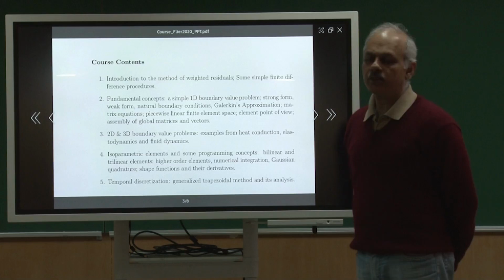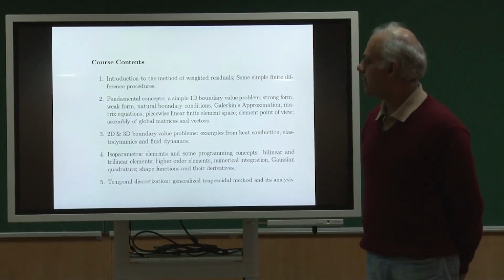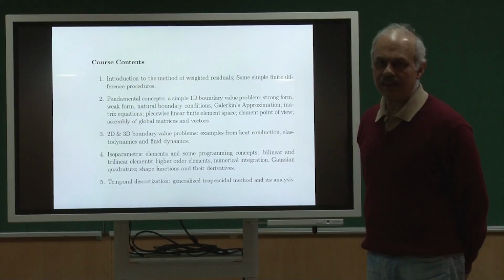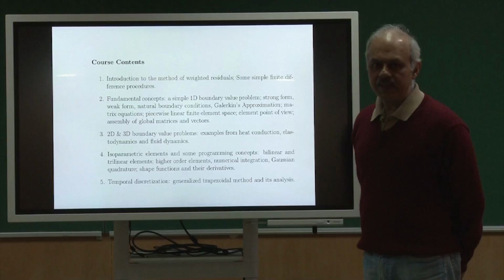A little bit about the course content. As I spoke to you a while ago, the fact that we are interested in a numerical solution already implies that we are okay with incurring some error, but we need to have a bound on the error.